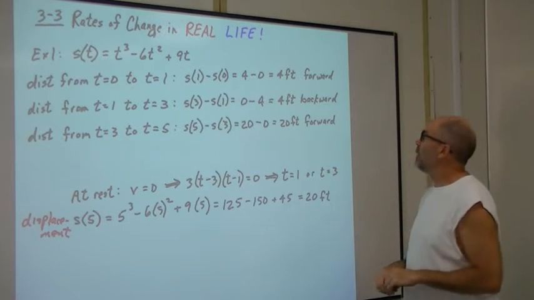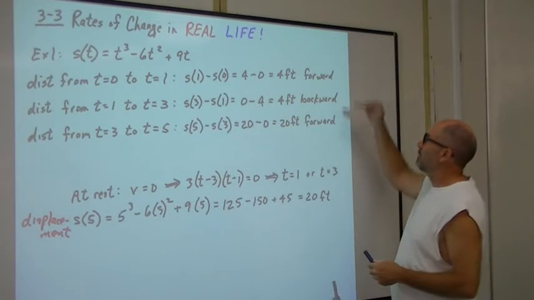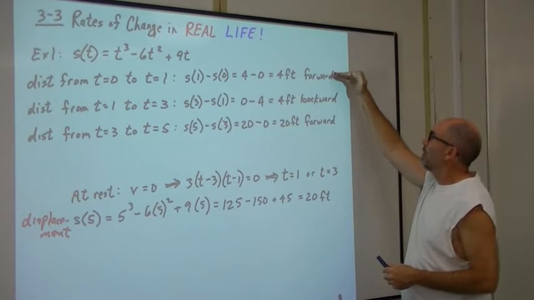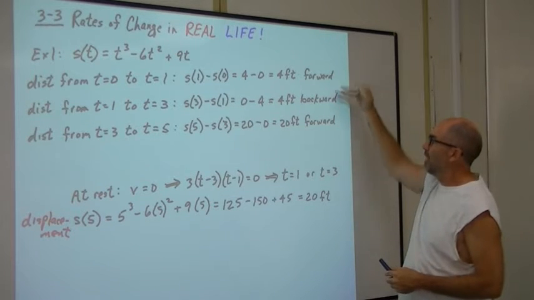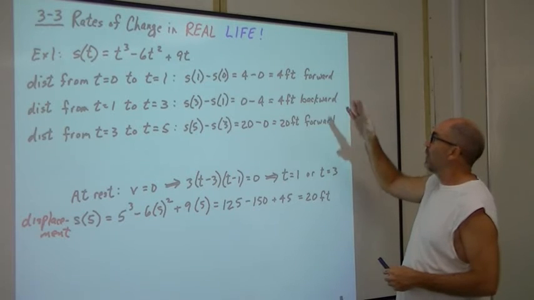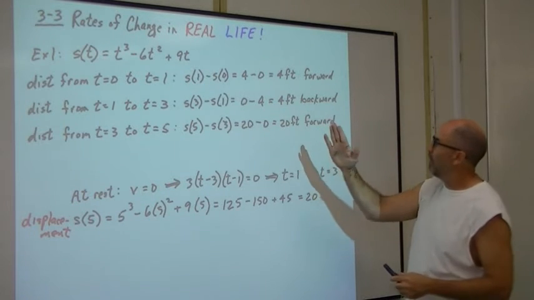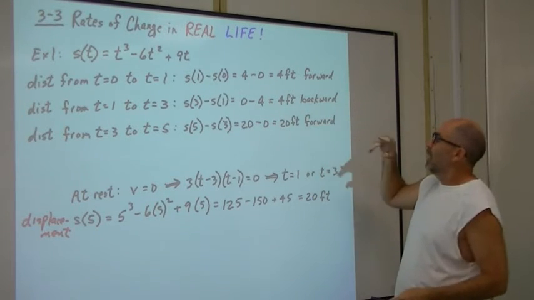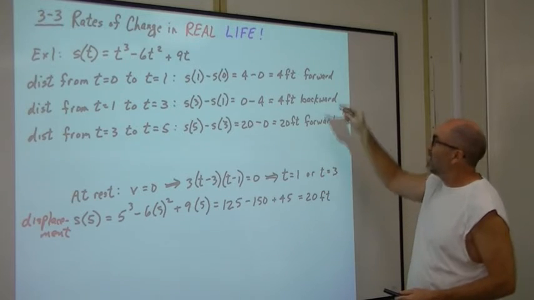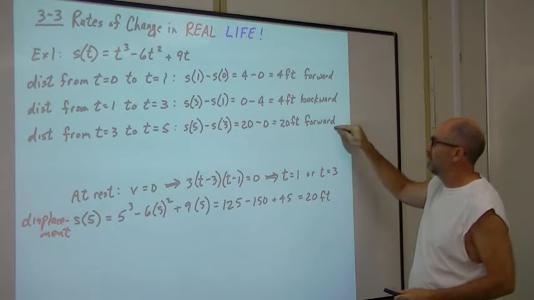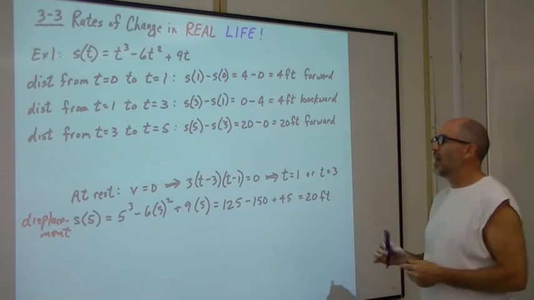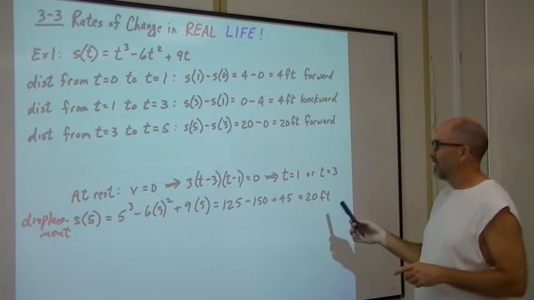Now, notice the displacement. If I go 4 forward, 4 backward, 20 forward, the total displacement is just 20, because I went 4, then 20. But the distance is going to be 4 plus 4 plus 20. So the displacement is 20 feet.